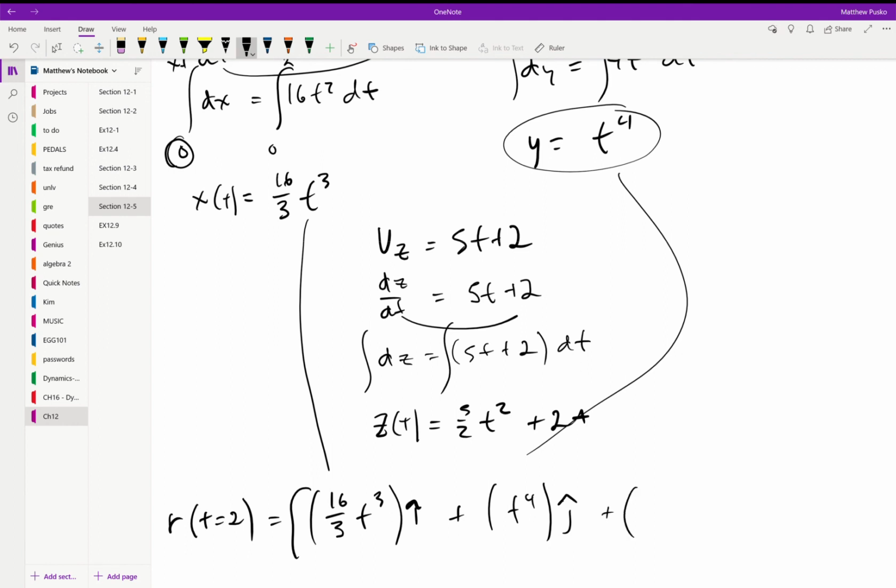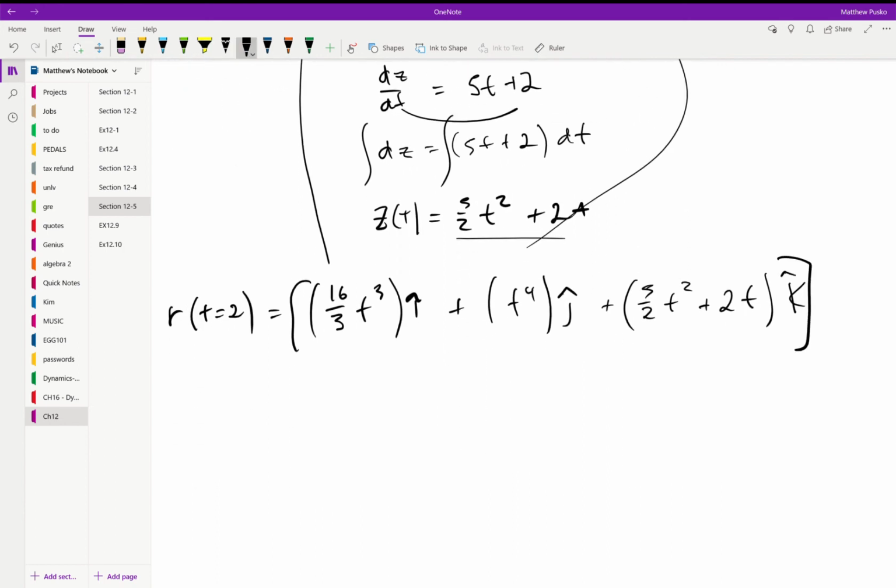And we have this one right here, 5/2 t squared plus 2t, and that's in the k direction. So that's a general function, and that would be in meters. If we plugged in any time t, we could get where the particle is. For this specific problem, they wanted t equal to 2. You could just plug in 2 here, 2 here, 2 here, and 2 here to get that.